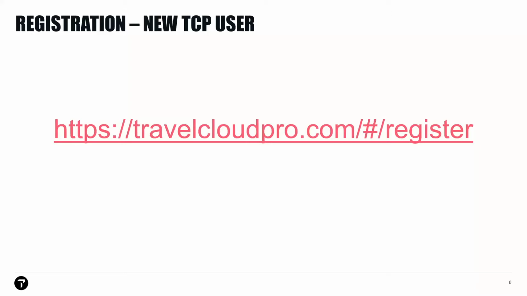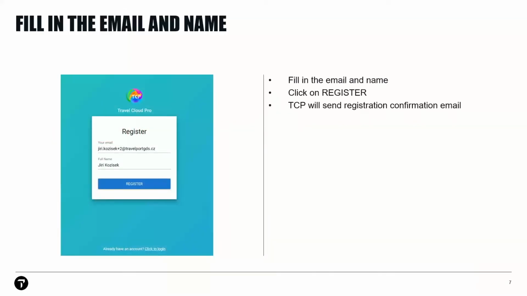But I think lots of you already have credentials there. So first of all, to register, you have to fill in the email and the name. So acting as an agency, let's say, click to register, and TCP will generate a registration confirmation email to the email placed here.